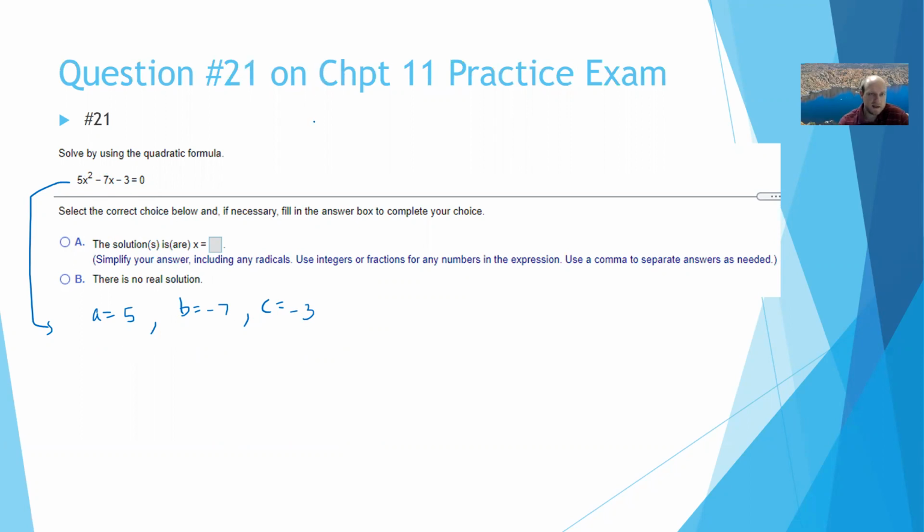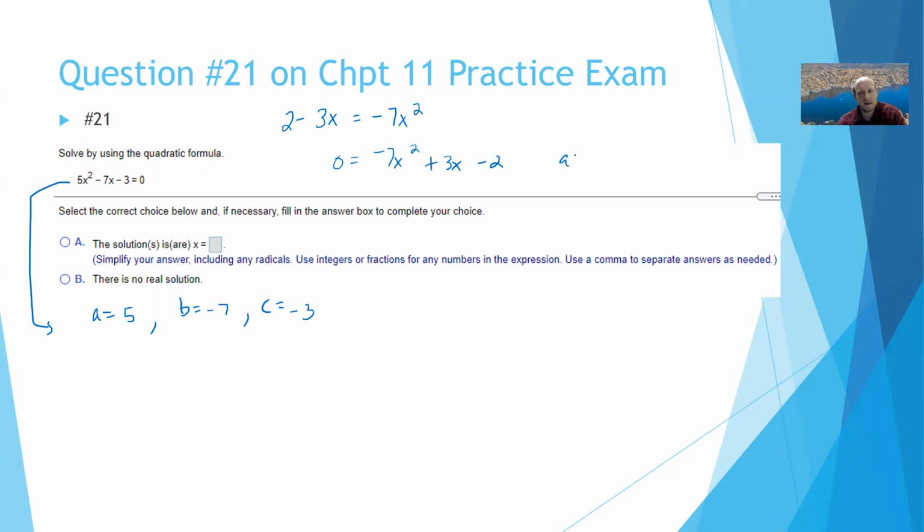So if it's not in order, let's say I have 2 minus 3x equals negative 7x squared, I would need to put this in order in order to pick out A, B, and C. I could leave the negative 7x squared over here, and then I would need to add the 3x over and subtract the 2 over.